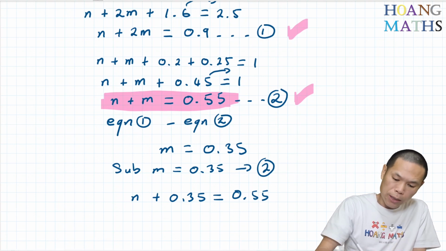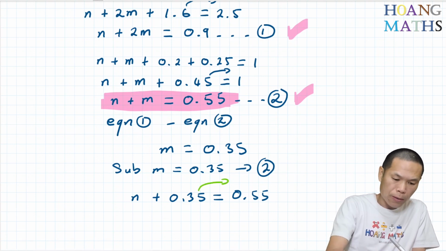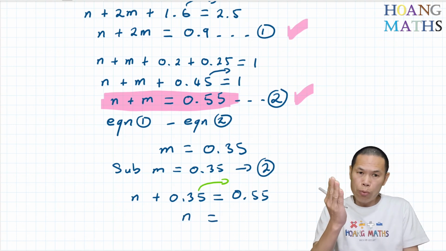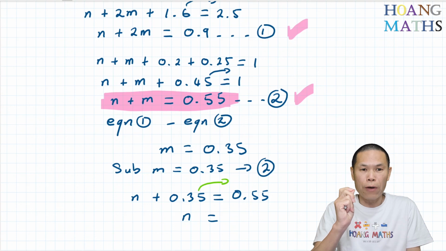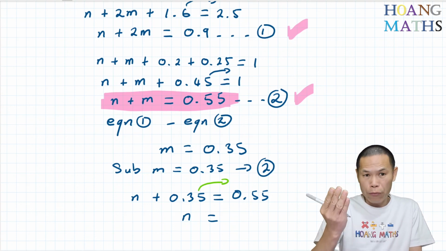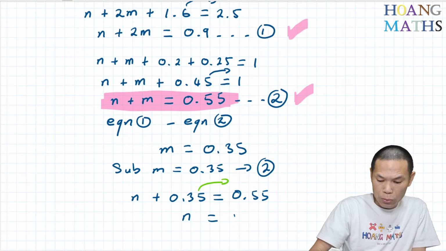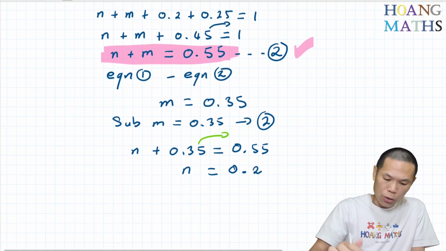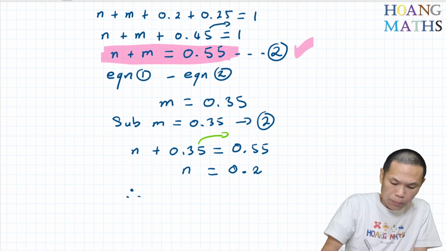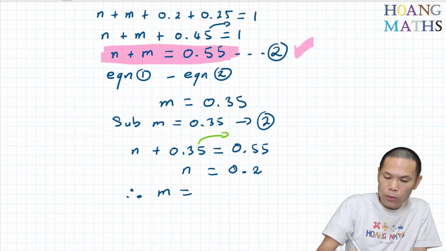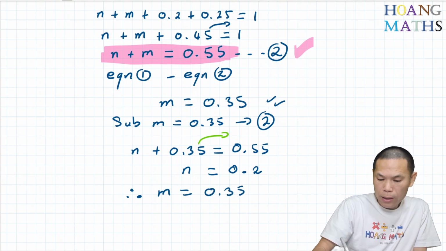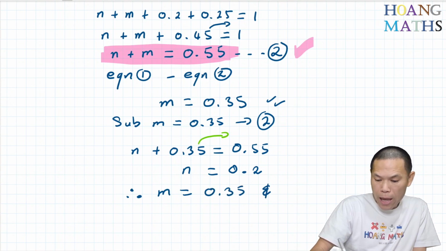So what I do now is I just move this to that side. So n is equal to 0.55 minus 0.35. So that becomes 0.5 minus 0.3, 0.2. Otherwise, you can just use a calculator, of course. So therefore, we have m is equal to 0.35 and n is equal to 0.2.